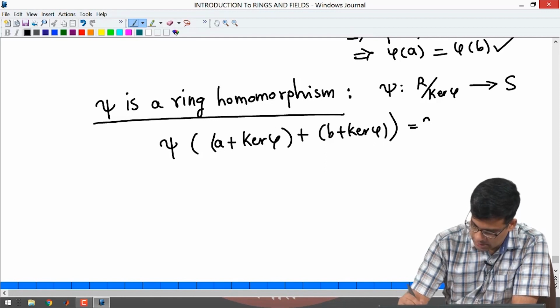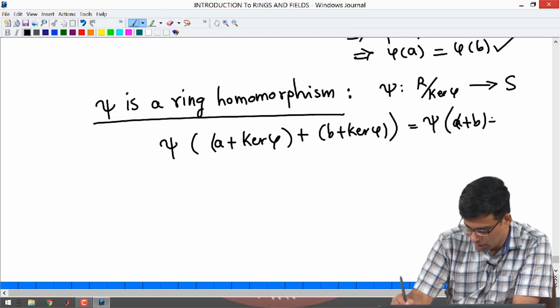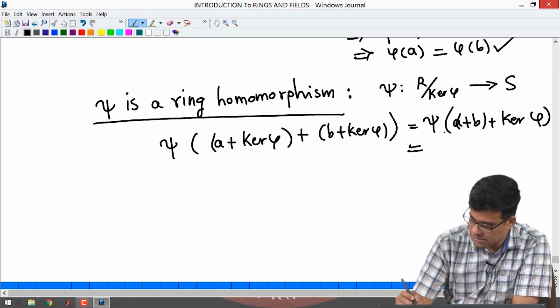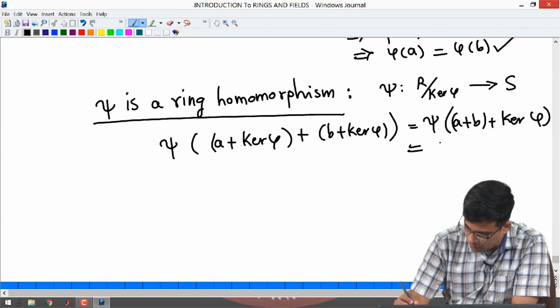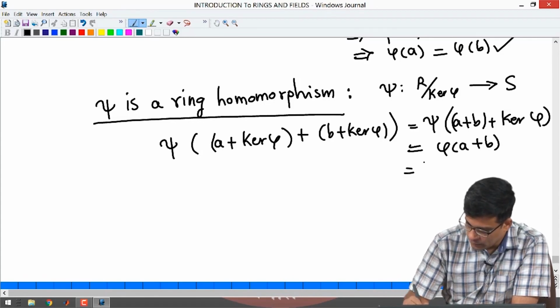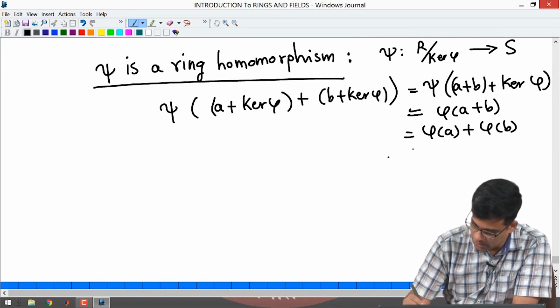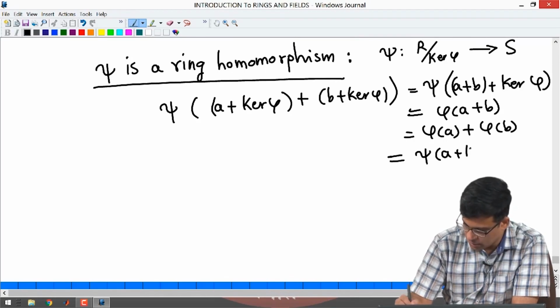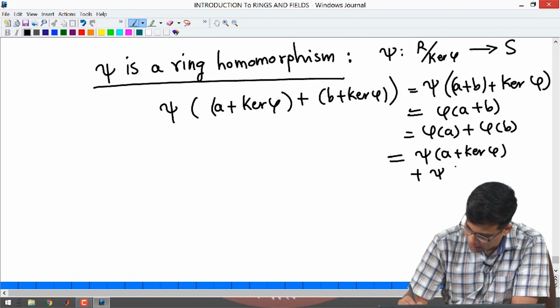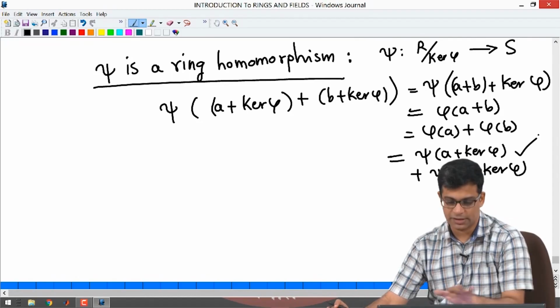This is equal to psi of A plus B plus kernel phi, because the addition in the quotient ring is simply A plus B plus kernel phi. By definition, psi of A plus B plus kernel phi is phi of A plus B, which by definition of ring homomorphism is equal to phi of A plus phi of B, which is psi of A plus kernel phi plus psi of B plus kernel phi. Each step, I hope, is clear.